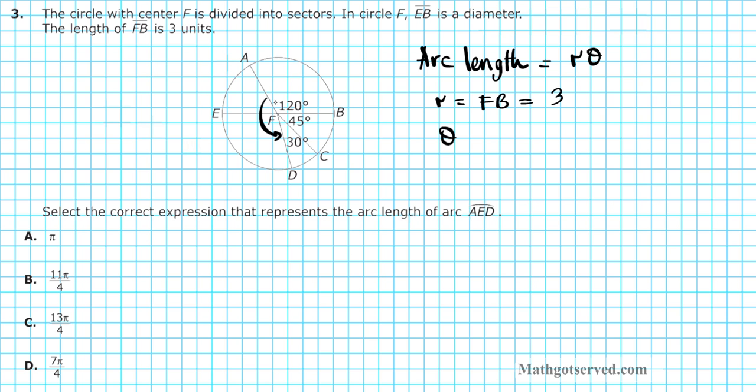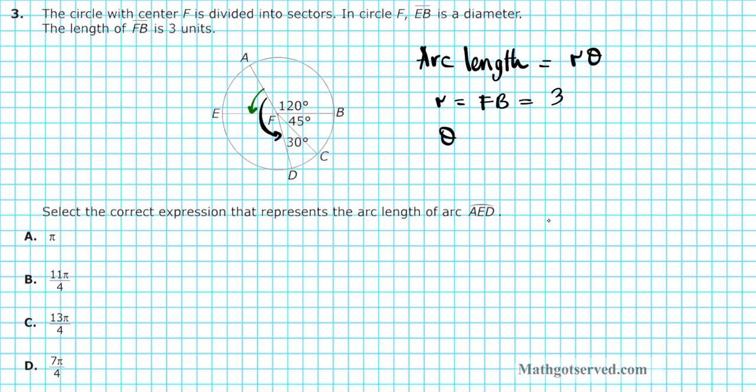We know by the linear pair postulate that the sum of angles on a straight line is 180. So if this is 120, AE is the angular measure that will enable the entire angle to be 180 degrees. Okay, so we need to find this angle first, this piece right here, the angle for arc AE.